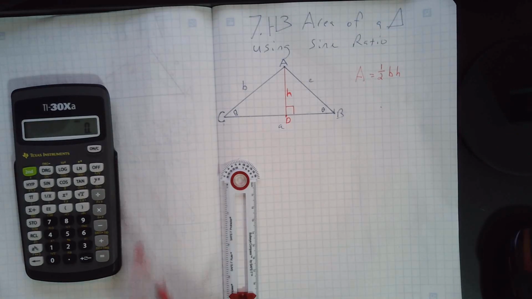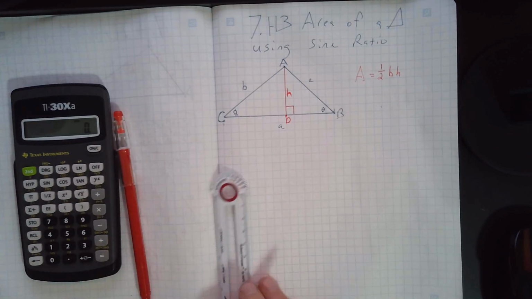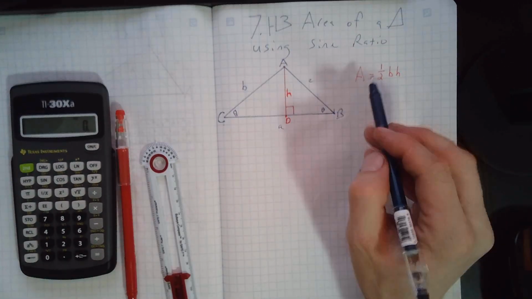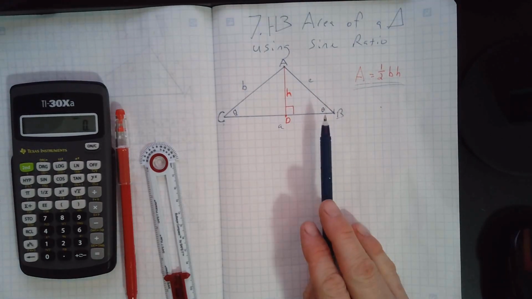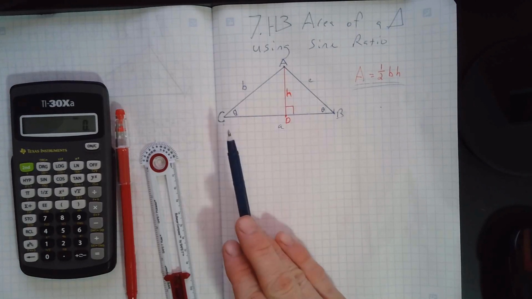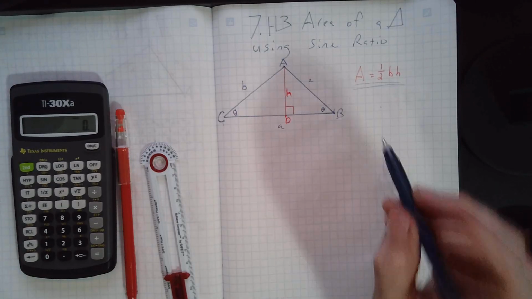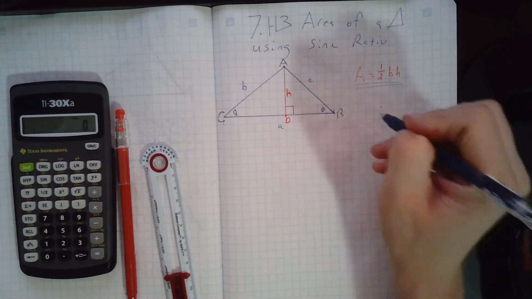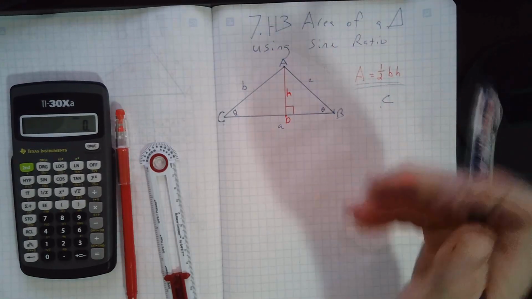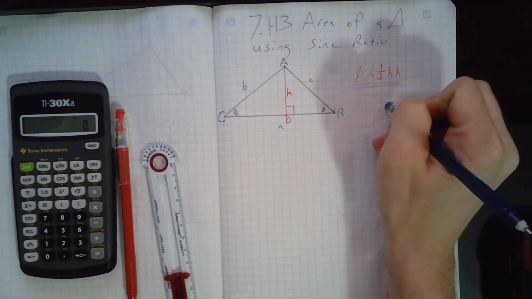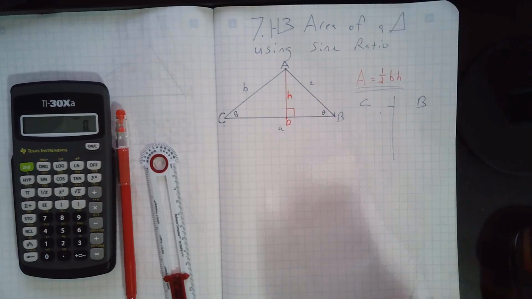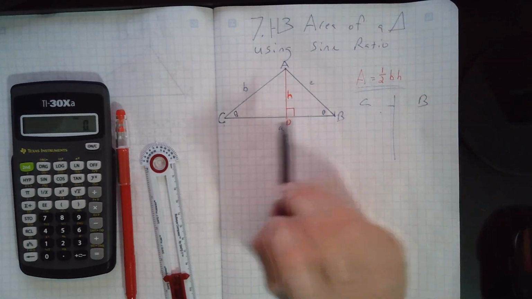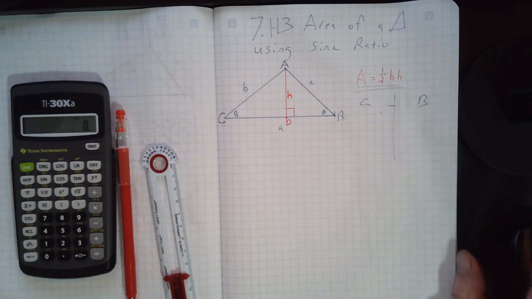We can use it in two different ways here. So we're going to write the area in two variations, in terms of B and in terms of C for theta. Let me make two columns, one for C and one for B.